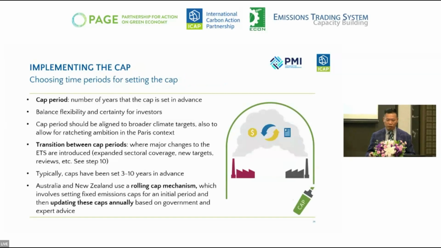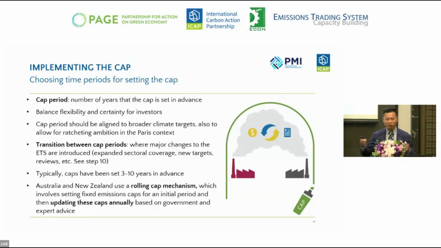And when we design the cap, we need to think about the cap period. Ideally, it should be long term, like the EU ETS, which has an 8 to 10 year long-term plan that can give industry some expectation. And in some ETS, like Korea and Kazakhstan, it is a 3 year term, and they update it every 3 years. And China right now is doing 1 year.